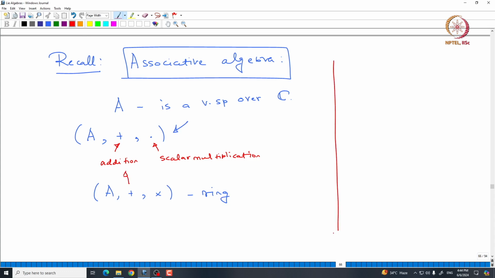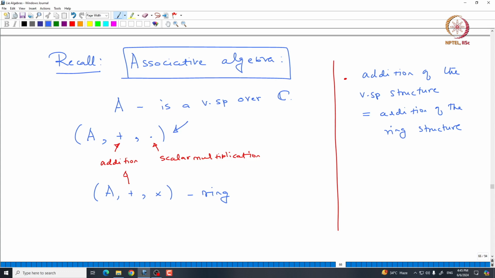Here are the important points. The addition of the vector space structure is the same as the addition of the ring structure. That is the first compatibility condition between these two structures, and it is the most important thing.